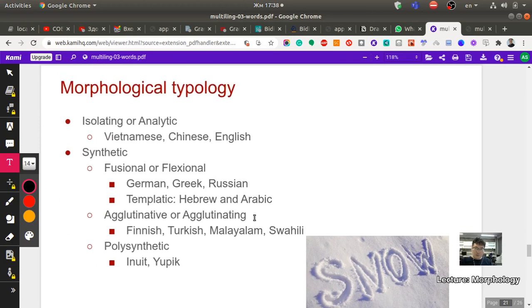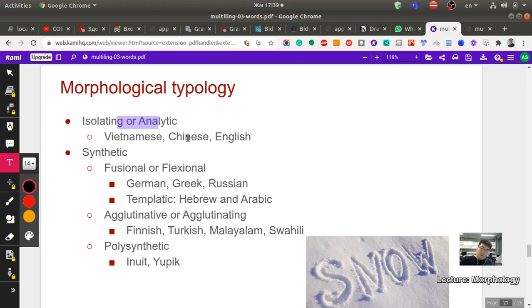Morphological typology, so this is about types: isolating or analytic, like Vietnamese, Chinese, English; synthetic, fusional, and so on. Isolating analytic means that it mostly doesn't have any forms. Vietnamese and Chinese do not have cases like in Kazakh or падеж in Russian.